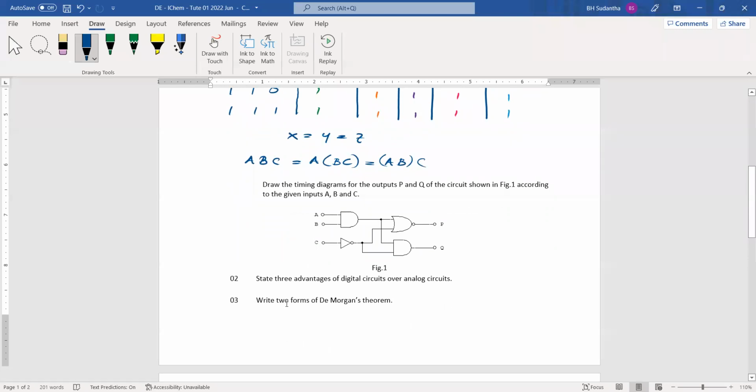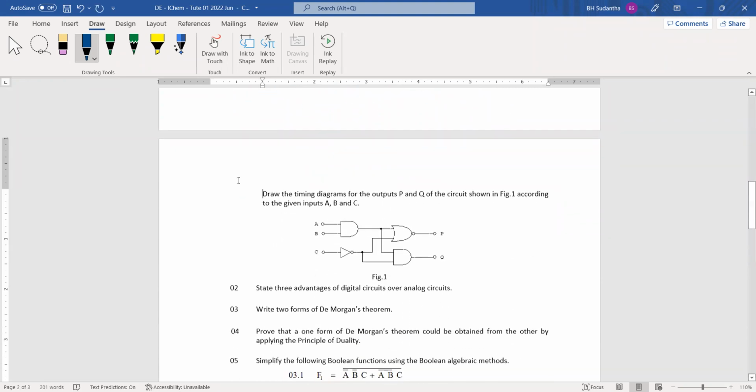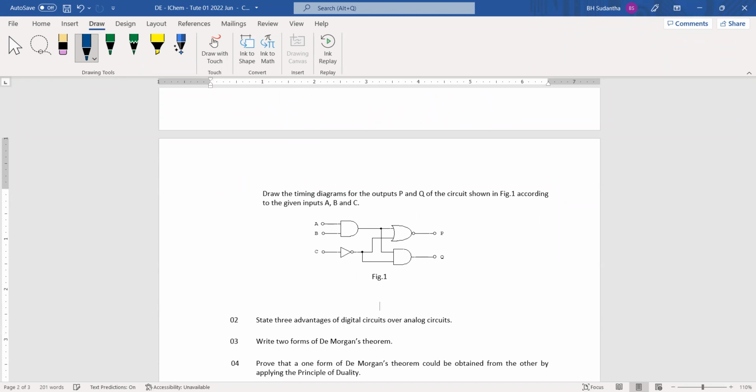Okay, this question has a small mistake here. Timing diagrams are missing. Okay. Sorry for that mistake.